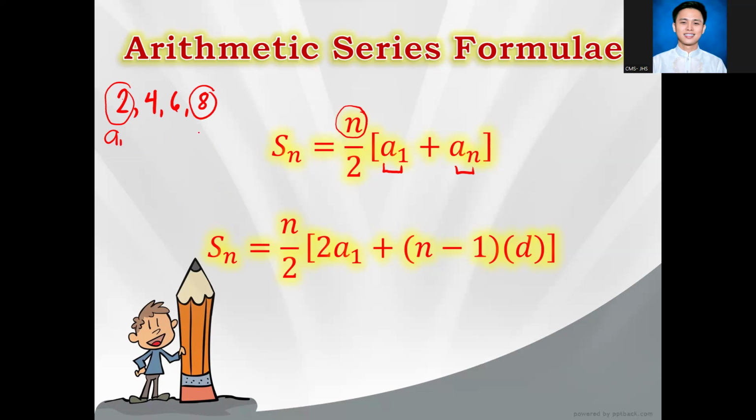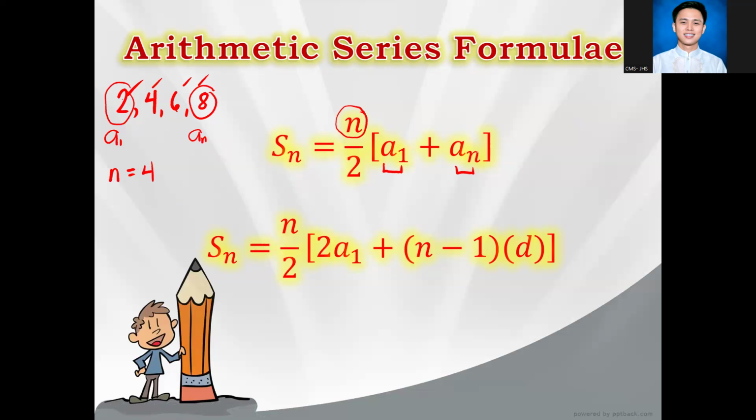And this is our a sub n, the last term. Clear? Sir, what is n there? N here is the number of terms that we are adding. Since the given is 2, 4, 6, and 8, we have 4 terms, so we have n equals 4. Clear. So again, you can make use of formula number 1 if a sub 1, the first term, and the last term are given.